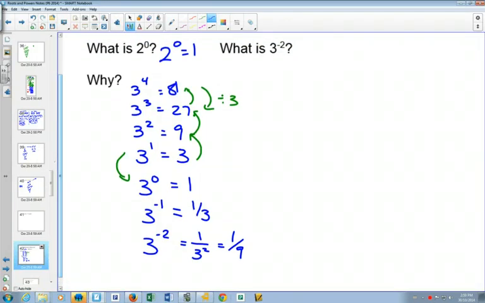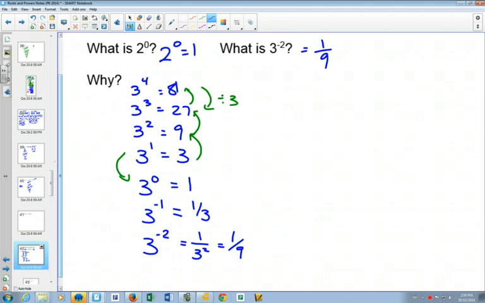So we're going to learn about negative exponents today, and the pattern that we see here could keep going.